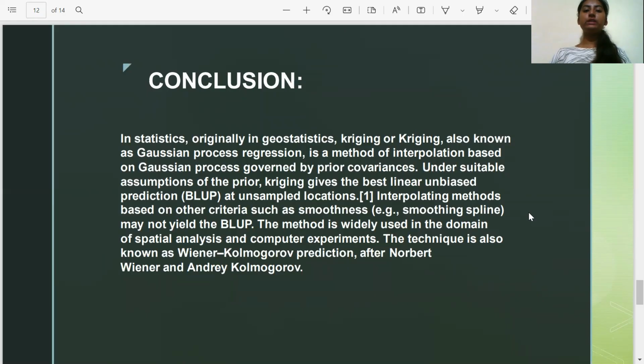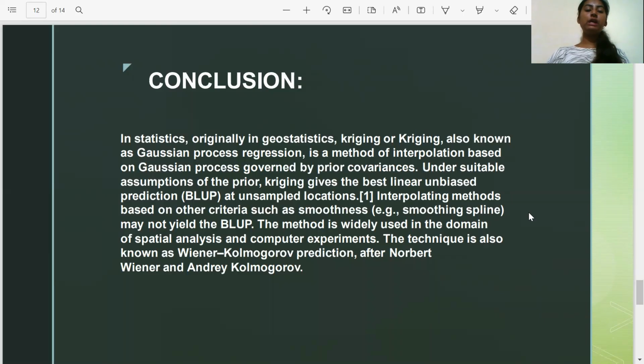Conclusion. In statistics, originally in geostatistics, kriging or Kriging, also known as Gaussian process regression, is a method of interpolation based on a Gaussian process governed by prior covariances.